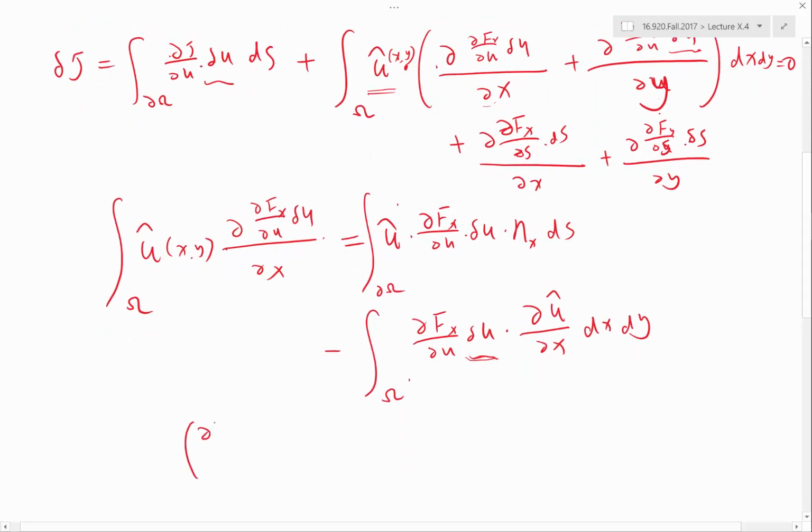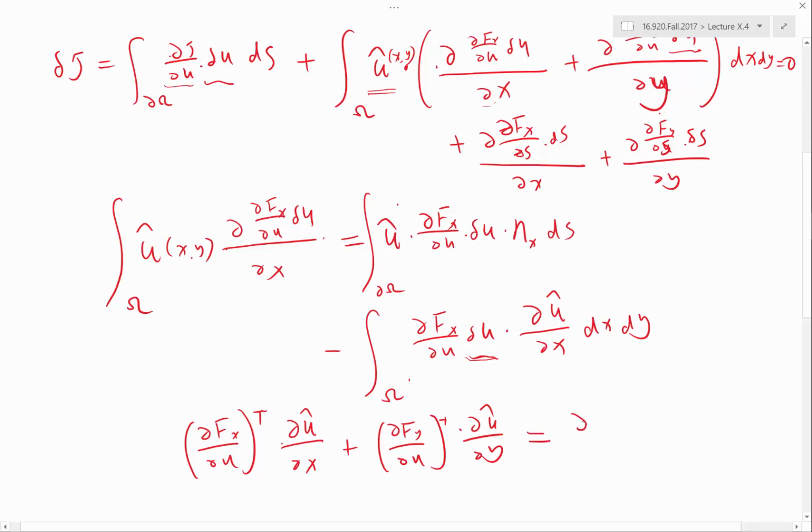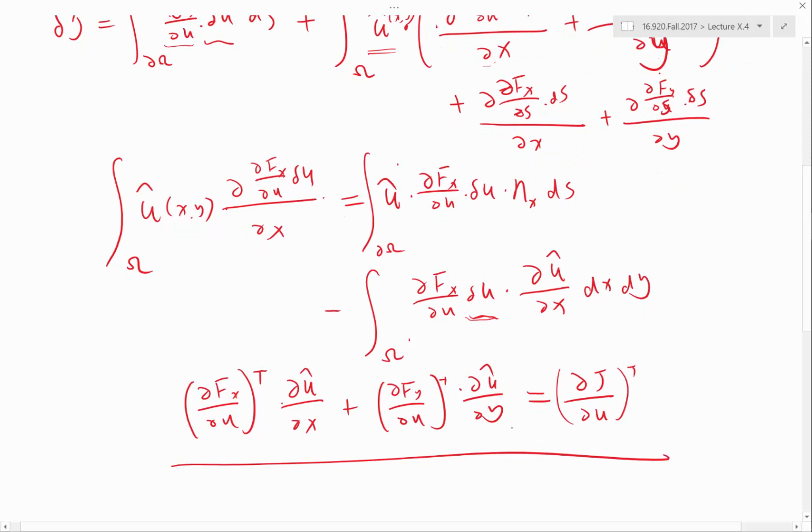It's something like partial fx partial u transpose times partial u hat partial x plus partial fy partial u transpose times partial u hat partial y, and because of all the negative signs, this is going to be equal to whatever is multiplied with delta u here, partial j partial u transpose. So you solve this adjoint equation.